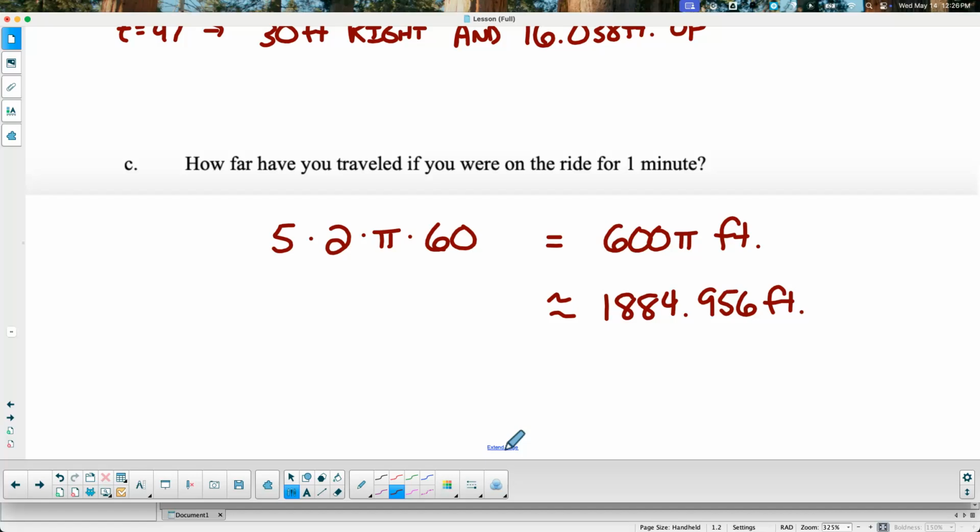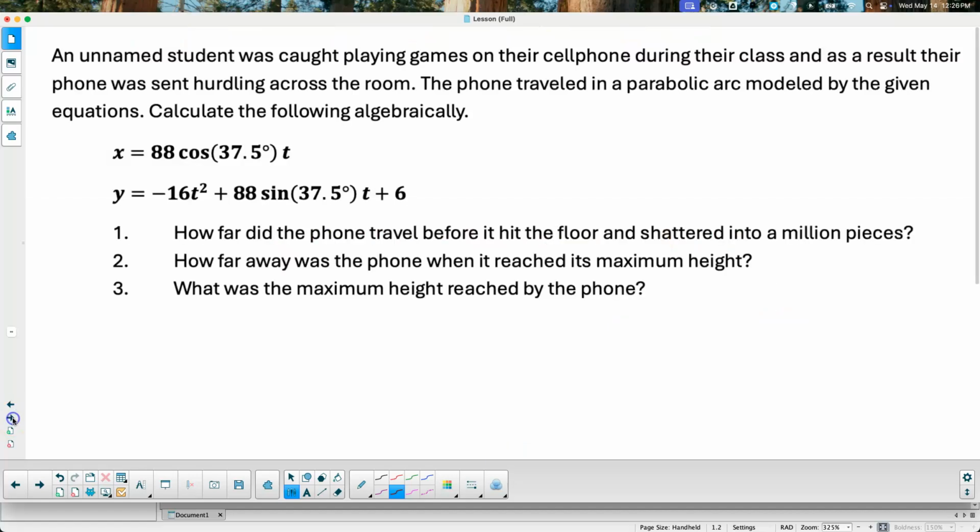Questions, comments, concerns, clarifications? Fantastic. Let's shift gears now and go to the supplemental sheet that we gave you today when you came into the class. Let's talk about solving this parametric equation without the use of a grapher. Meaning we're not going to graph it, we're going to solve it algebraically.